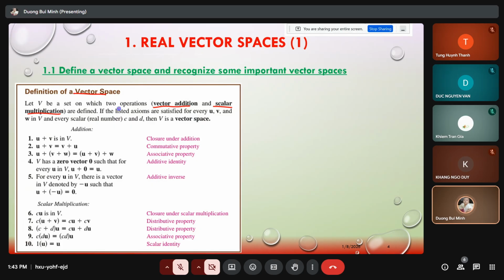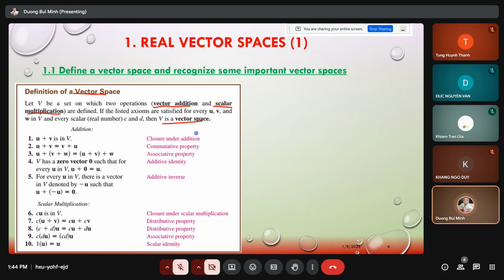If the listed axioms are satisfied for every vector v and vector w in V, and every scalar c and d, then V is a vector space. Me too, I don't understand it either.